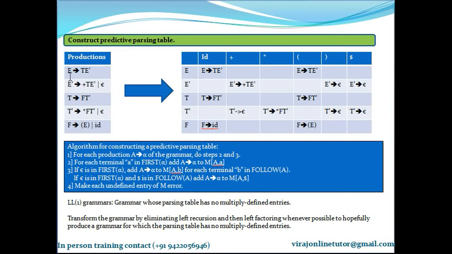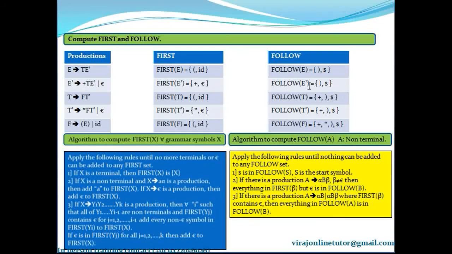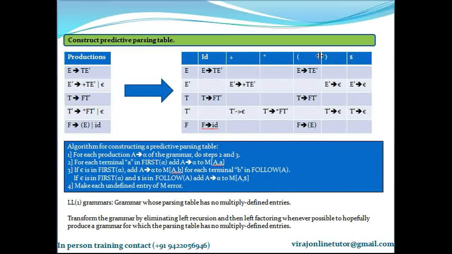So place this production E dash gives epsilon at follow of E dash. And what is follow of E dash? Close bracket and dollar. So at close bracket and dollar, place this production. Simple. Because if first of right hand side contains epsilon, place that production at follow of left hand side. So place that production at close bracket and dollar. Simple.